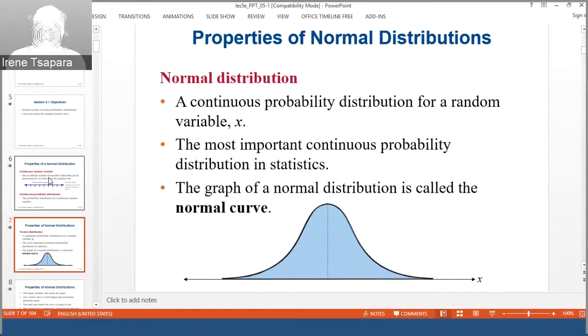Now, why is the normal distribution important? There are many reasons why the normal distribution is important. The first one, the most important one, is that almost everything, almost all natural things follow the normal distribution. Almost everything that has to do with nature follows the normal distribution.